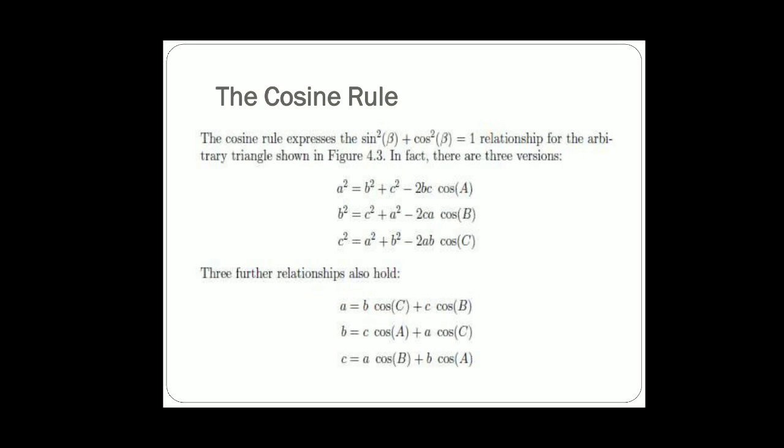Next is cosine. When I am adding cos with sine, how do I write? The cosine rule explains, as we said, the relationship sine square beta plus cos square beta is equal to 1.